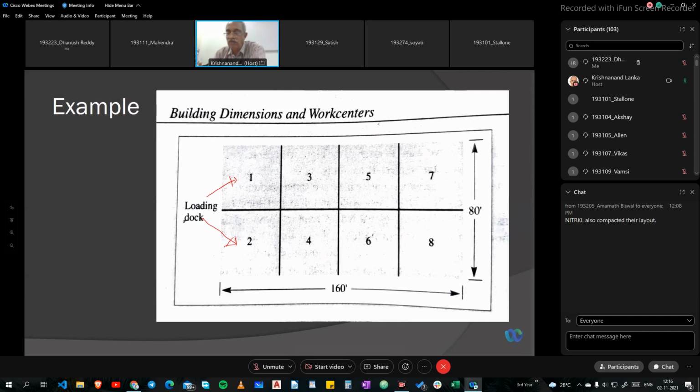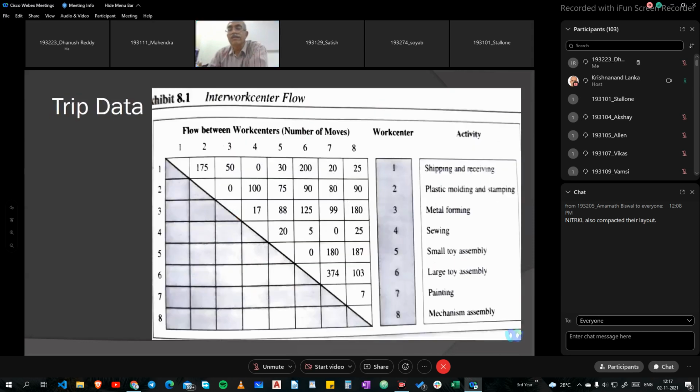So what we do in functional layout is we try to reduce the total travel trips per month or per day or per year.